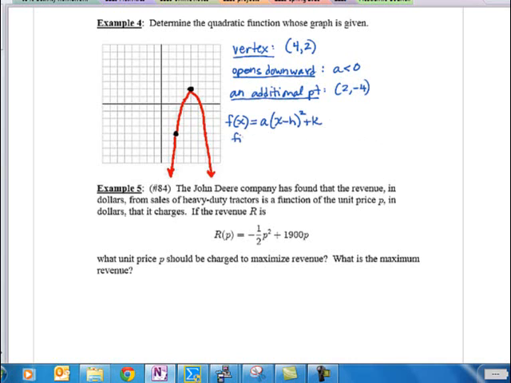Or we can work with f of x equals ax squared plus bx plus c and find a, b, and c. The nice thing here is that we can tell that we actually already are given h and k. So it's going to be easier for us to use this since h and k are given.